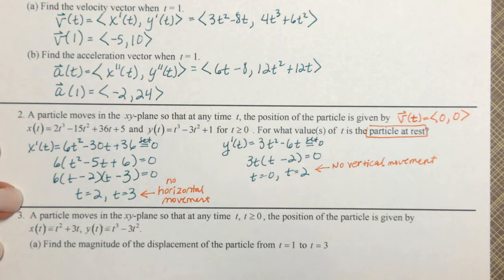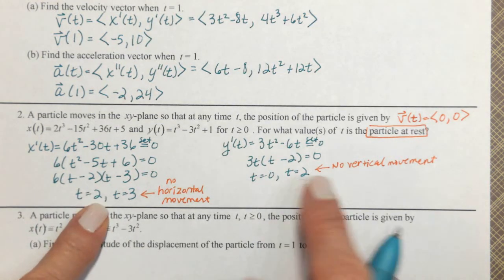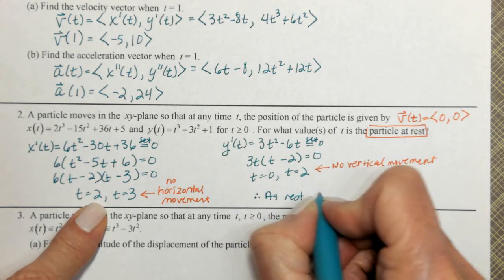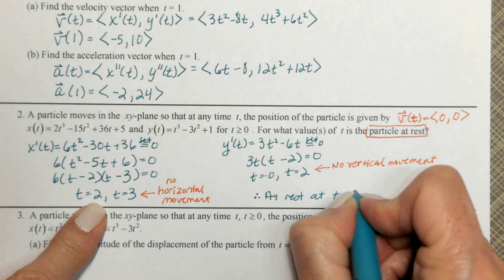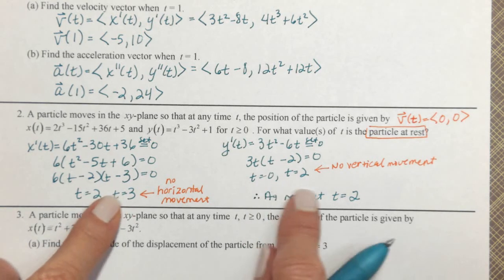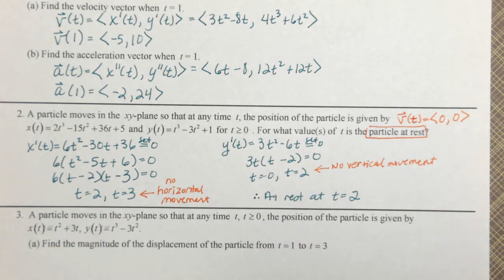So when is there no movement at all? Only at time equals 2. So at rest, at time equals 2. Great multiple choice question. What if there was nothing in common? Then the particle would never be at rest. They would always be moving in some direction.